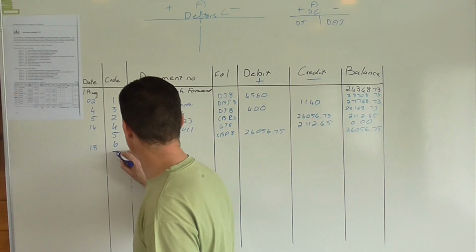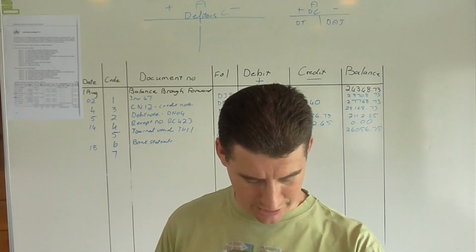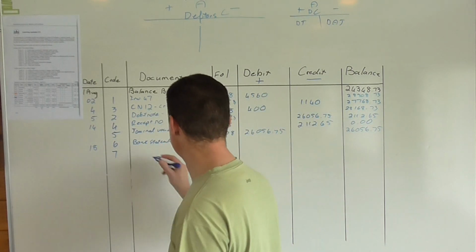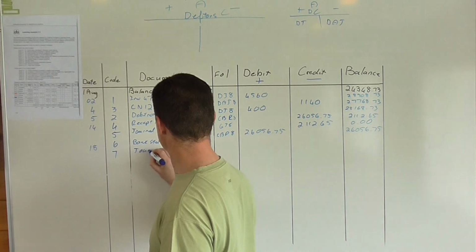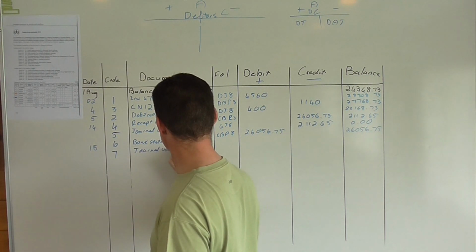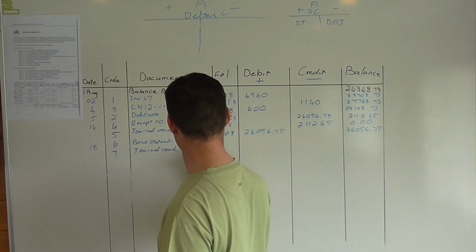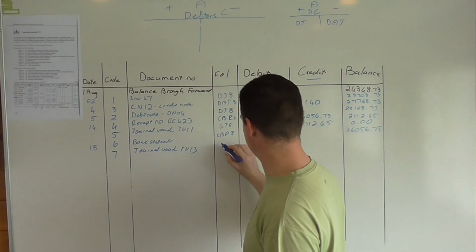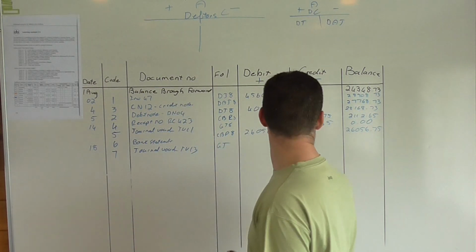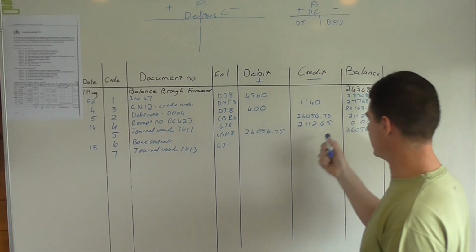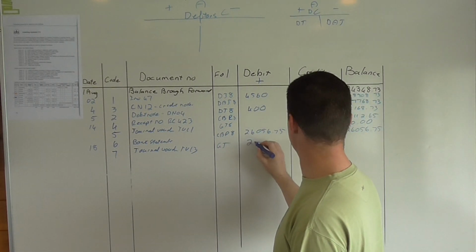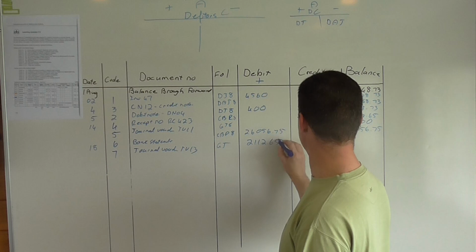It'll be journal voucher JV13, in your general journal. And then the amount that we gave him as discount was 2112.65.